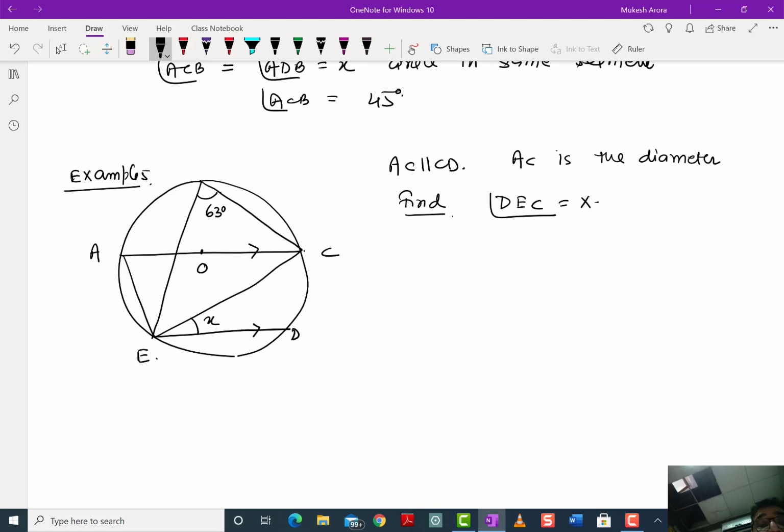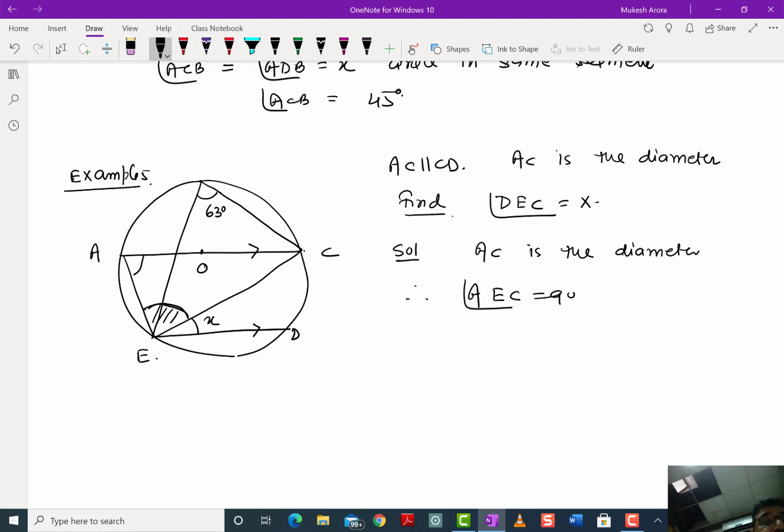First of all, we'll write solution. AC is the diameter. Therefore, angle AEC is equal to 90 degrees. This angle is 90. Now 63.